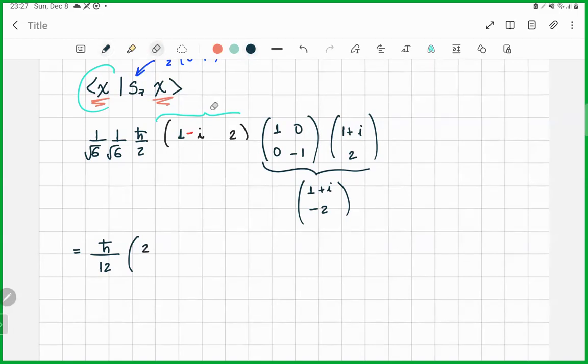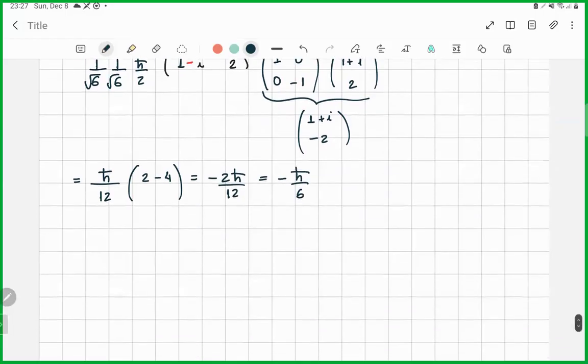And for the second, we have minus 4, right? So we have minus 2 H bar over 12, which gives us minus H bar over 6. So that's the expectation value of SZ.